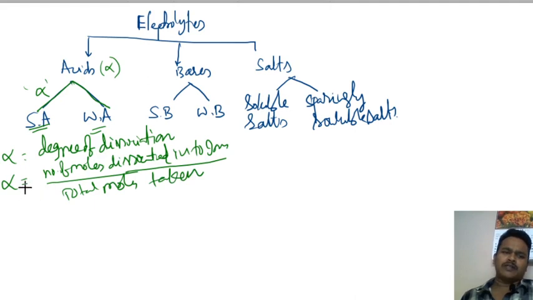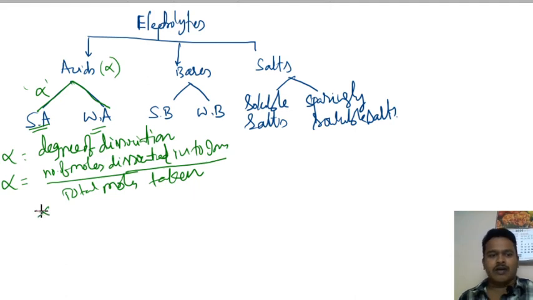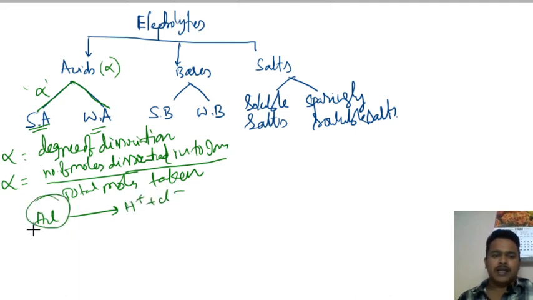What is the meaning of degree of dissociation? It is up to what extent they are converting into ions. For example, for any acid, I am taking HCl. Just for understanding, initially I am taking 100 moles of HCl. At time t equal to 0, there is no ionization.